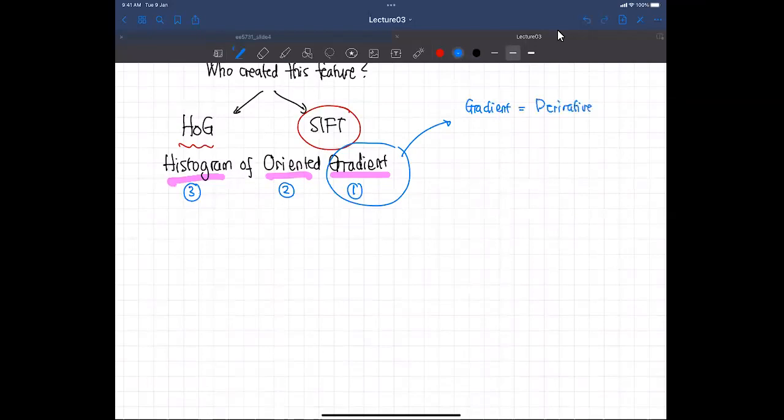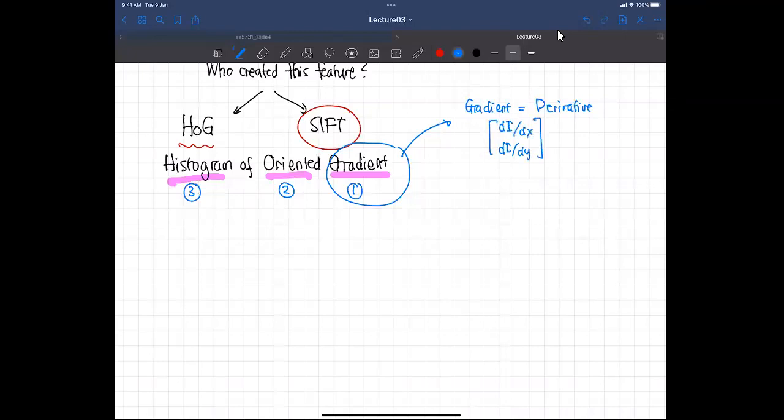So if you have to define image derivative or gradient, then we have to write it as a vector. Gradient is actually a vector. Because we are dealing with images, our data is two-dimensional, and so we have a vector. The derivative here is dI/dx, dI/dy. So these are the gradients. It's a vector.